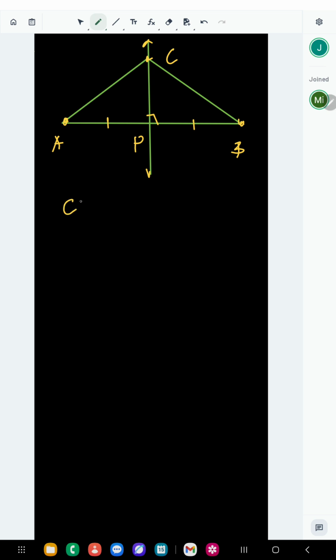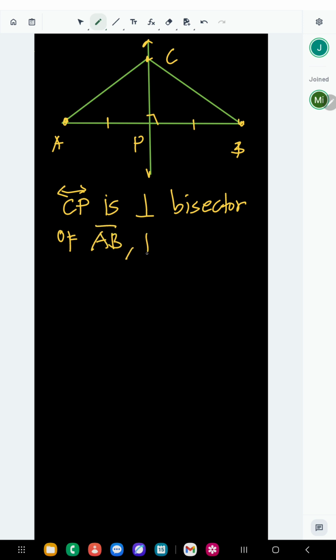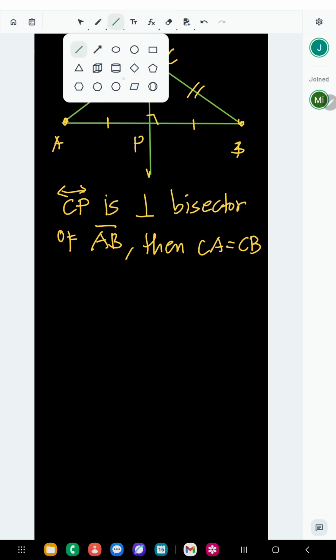So if line CP is the perpendicular bisector of segment AB, then CA is equal to CB. That means this side here is equal to this side. So that one is for the perpendicular bisector theorem.